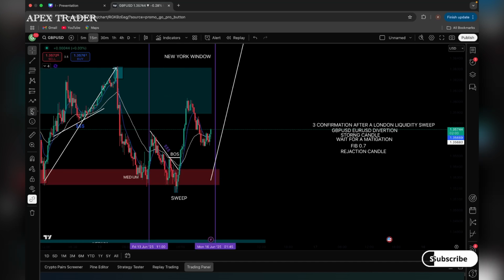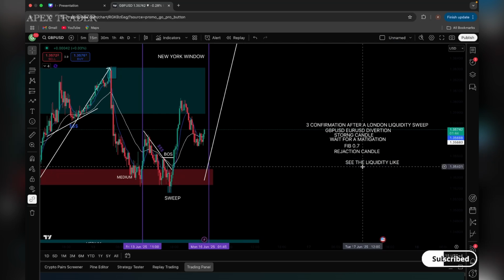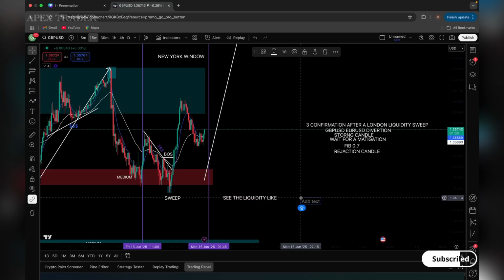Oh, I have one more thing. This is the most important thing. I am writing it down. Trend line liquidity.